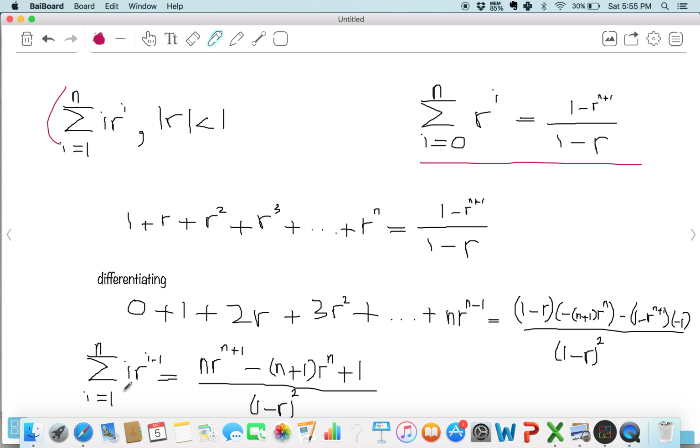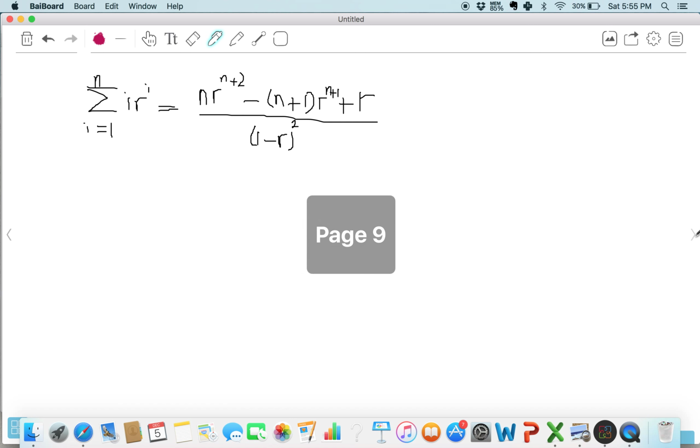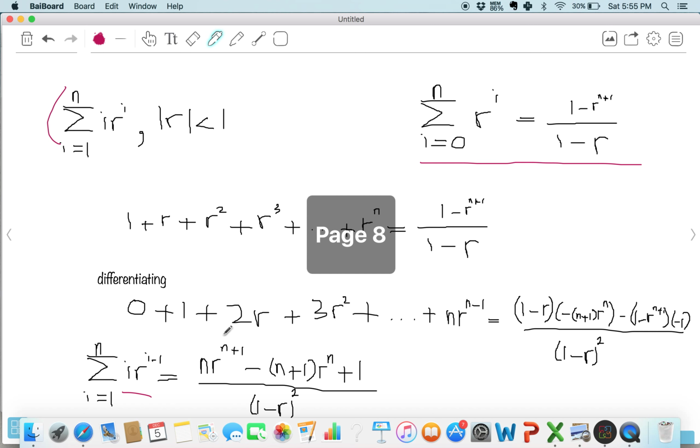The difference between here and here is again only a factor of r, which if we multiply, then we will get this answer.